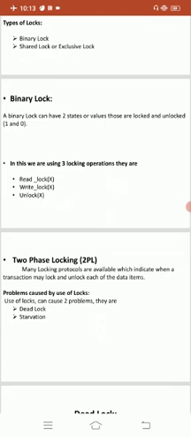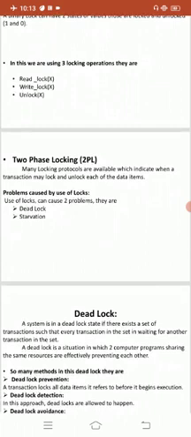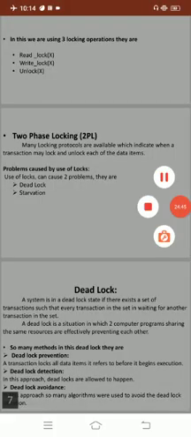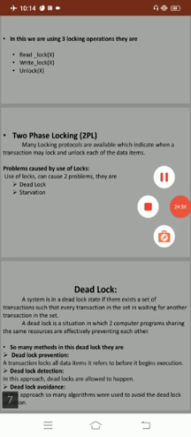Then three locking operations: read lock, write lock and unlock operation. Then two-phase locking, simplistic protocols, conservative two-phase locking, and strict two-phase locking. Then the problems of locking are two: deadlock and starvation. What is deadlock? And then methods in deadlock prevention, deadlock detection, deadlock avoidance, and starvation.